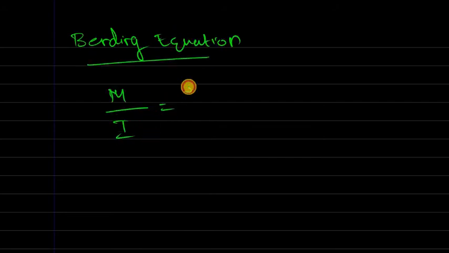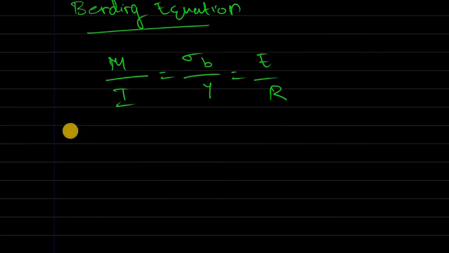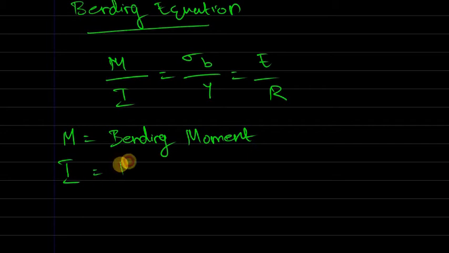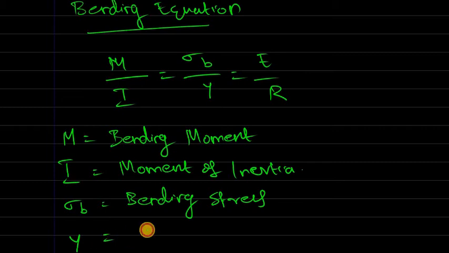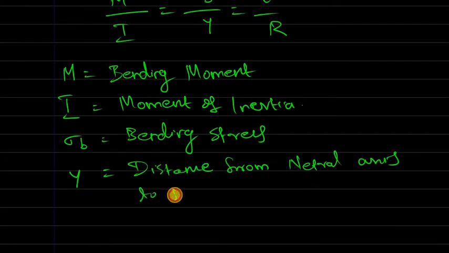M by I is equal to sigma B by Y is equal to E divided by R. So in this equation, capital M is the bending moment, I is the moment of inertia, sigma B is the bending stress, Y is the distance from neutral axis to the outermost layer.